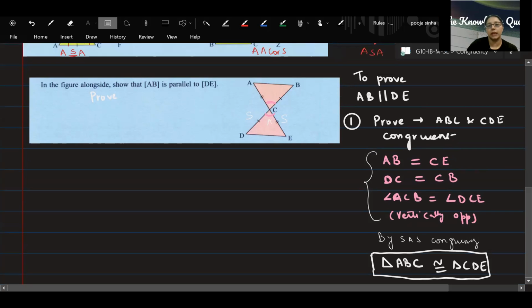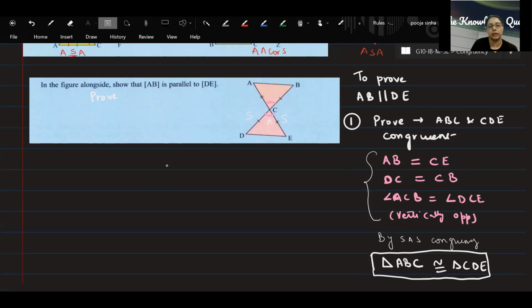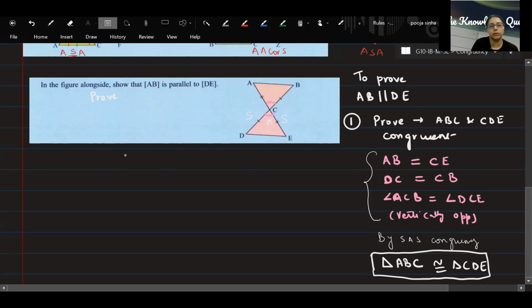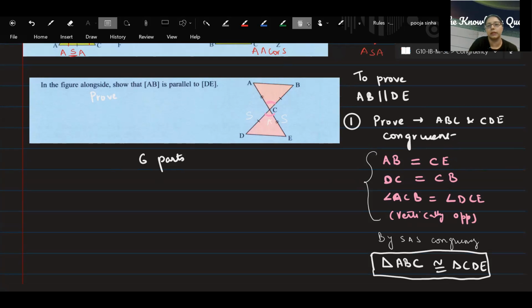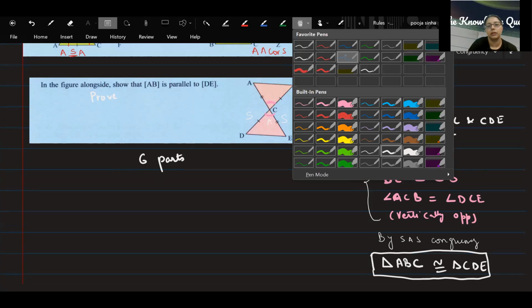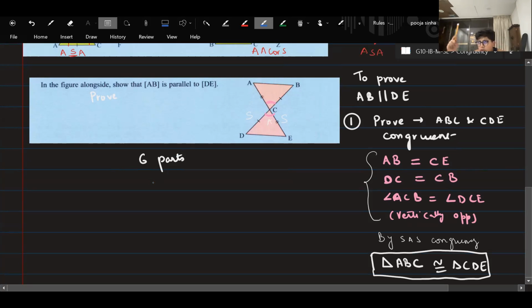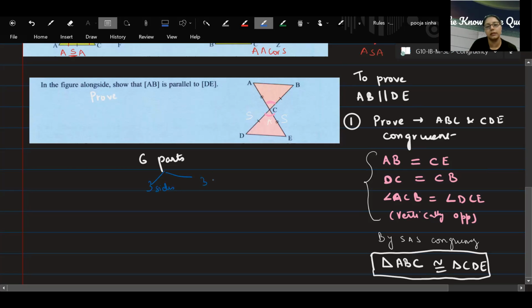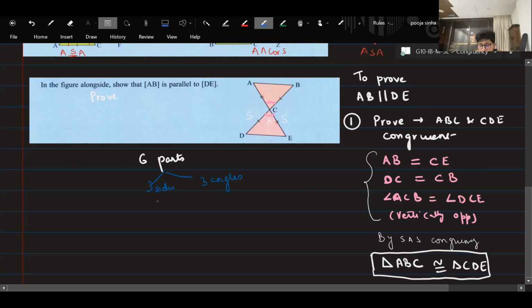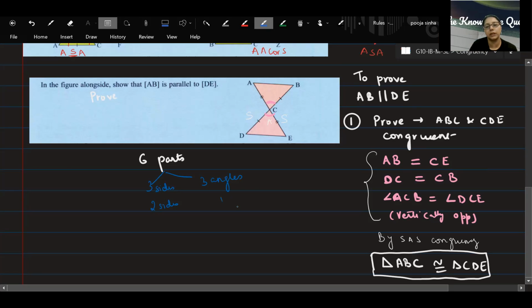When I am saying congruency, का मतलब क्या होता है? That अगर दो triangles congruent हैं, there are 6 parts in a triangle. What are those? 3 sides and 3 angles. इसमें से 2 sides and 1 angle तो हमको पता ही था कि equal हैं.